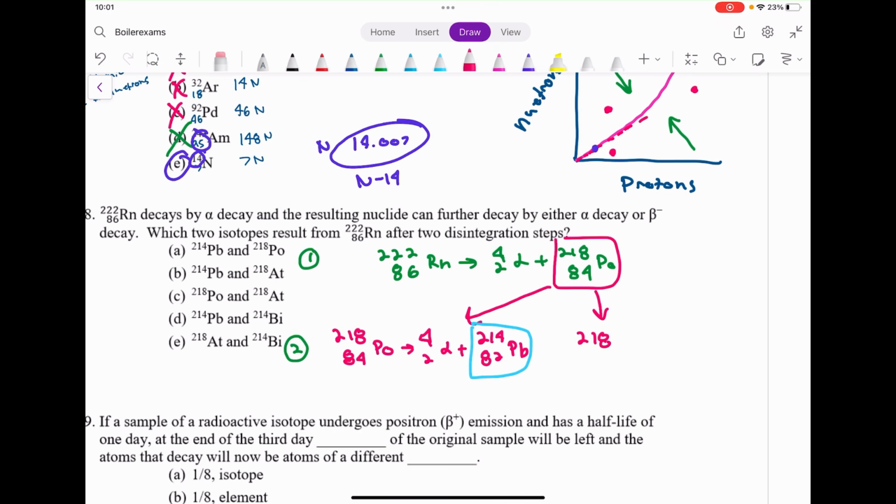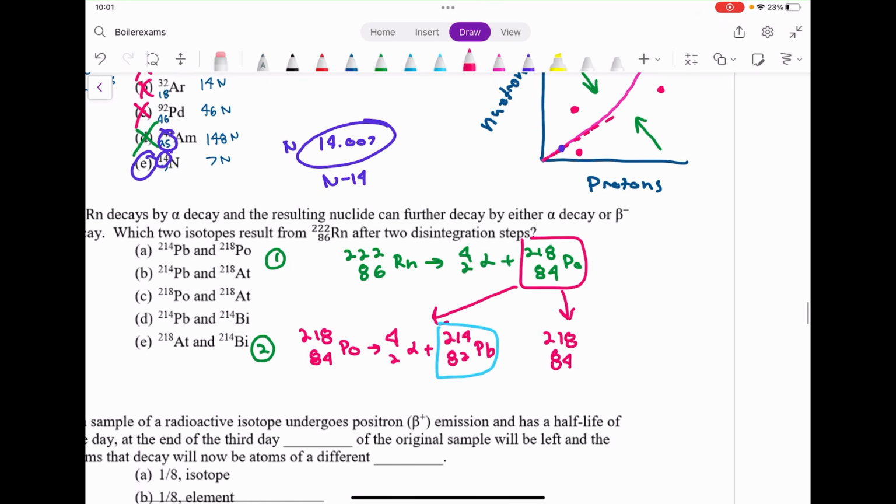Now let's check if you alpha decay and then beta minus decay. Same starting reactant. This is our beta particle. They say it's minus, so it's -1 on the bottom. Let's balance this. Mass number doesn't change, and this is going to be 85.